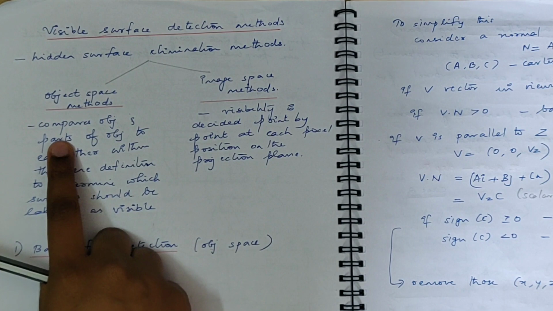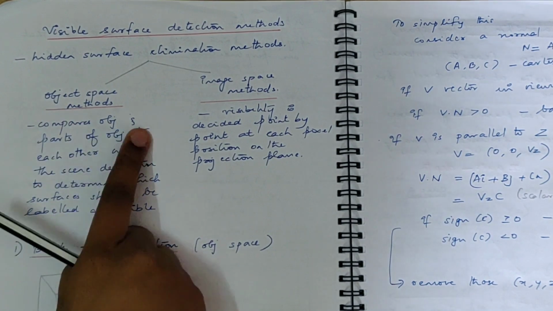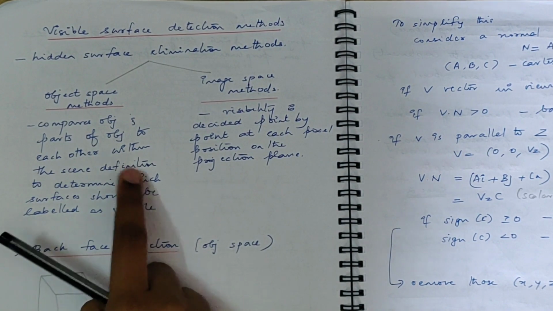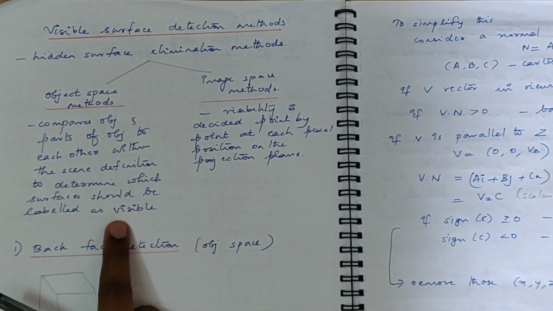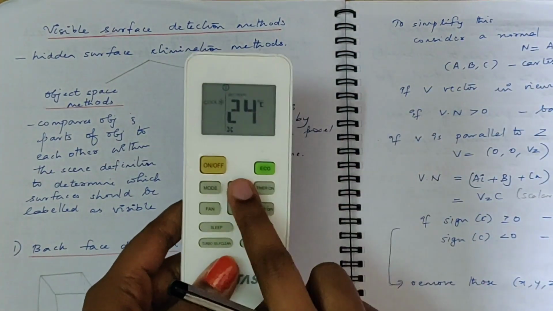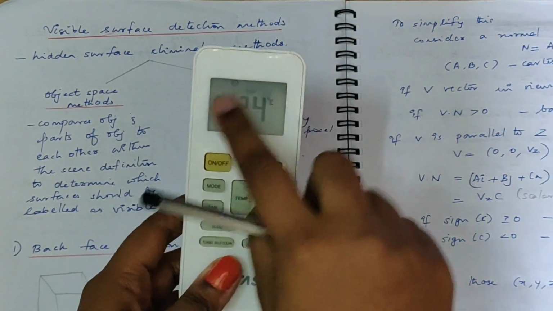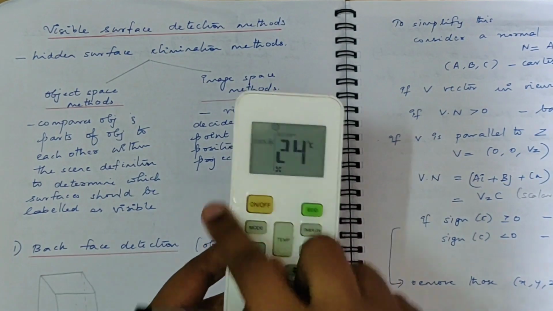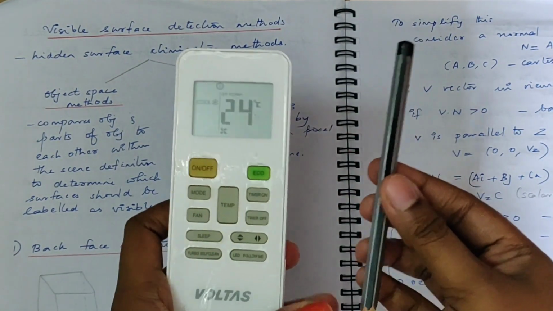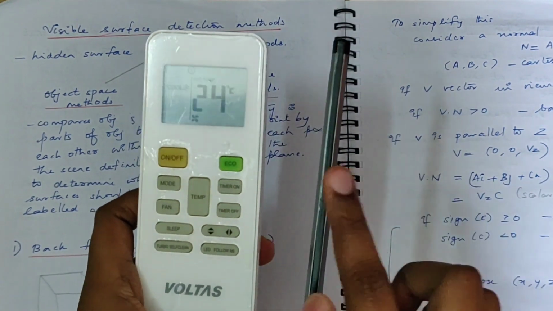In the object space method, you compare objects and parts of objects to each other within the scene definition to determine which surfaces should be labeled as visible and invisible. If you take this object, you are comparing parts of the object to each other. If you have two separate objects, you cannot compare this object with that object.